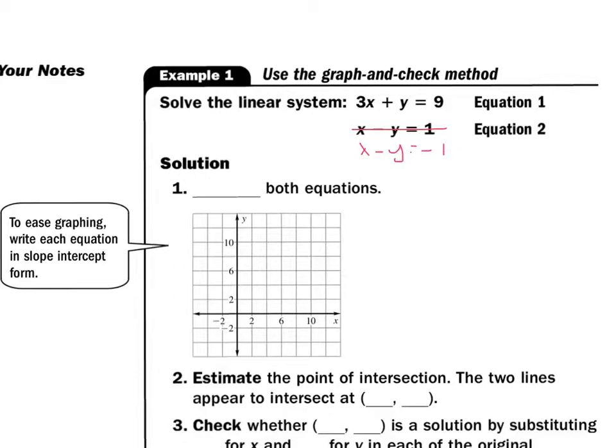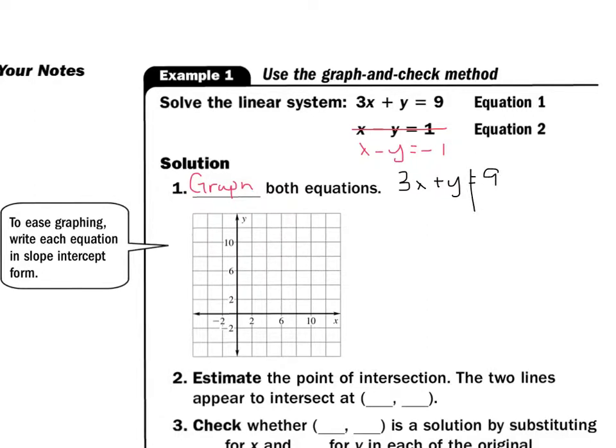So for our solution, we're going to go through the 3 steps that we just talked about. We're going to graph both equations. But for us to do that easily, we need to do what it says over here. To ease with graphing, write each equation in slope-intercept form. So let's take our first one, 3x plus y equals 9, and we're going to solve for y.